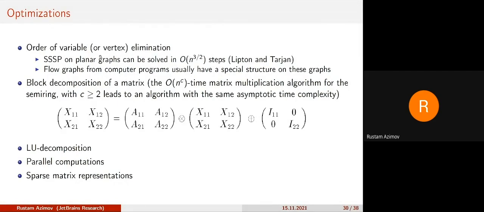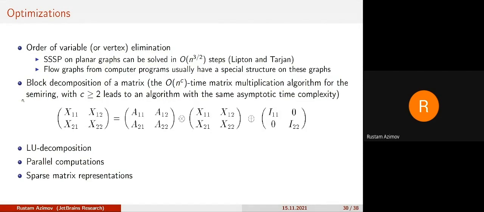We also have applications in the analysis of computer programs, and in this area we usually have graphs of special structure. Usually they are reducible, and we can use that to choose the order of elimination wisely.